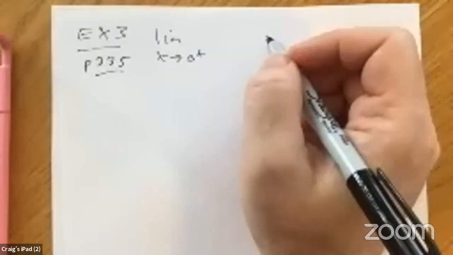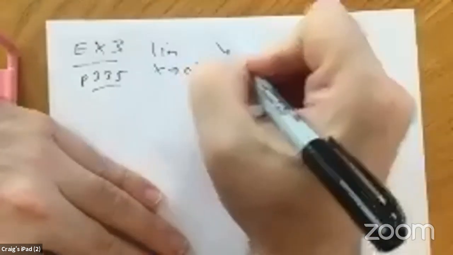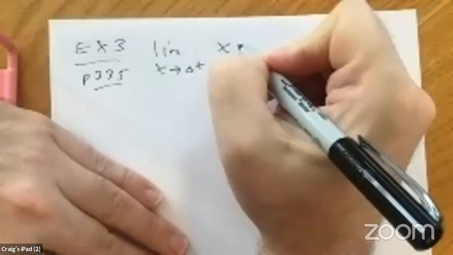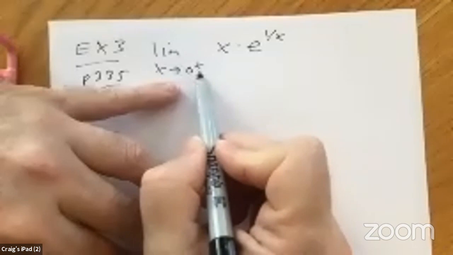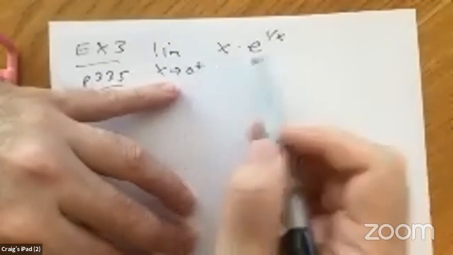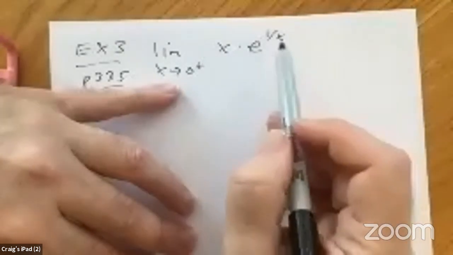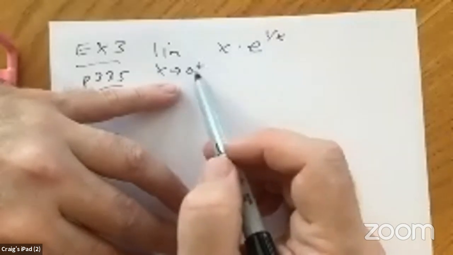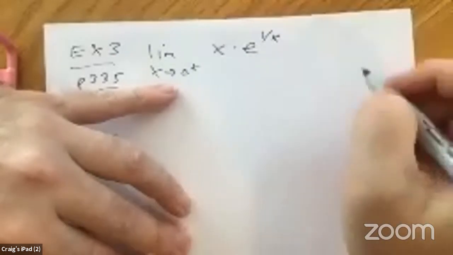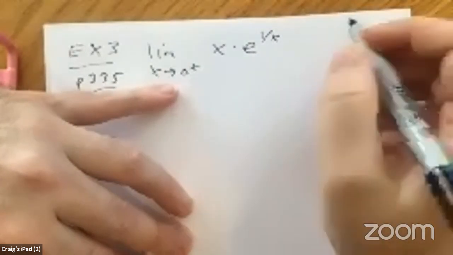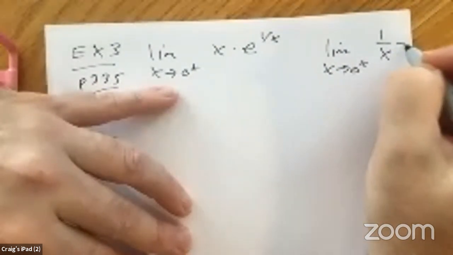Okay, and the first example is x times e to the 1 over x. Now I'm taking it as x goes to 0, and they were careful to say only from the right. I'm taking it as x goes to 0 from the right. So what is, out of curiosity, the limit as x goes to 0 from the right of just the 1 over x?